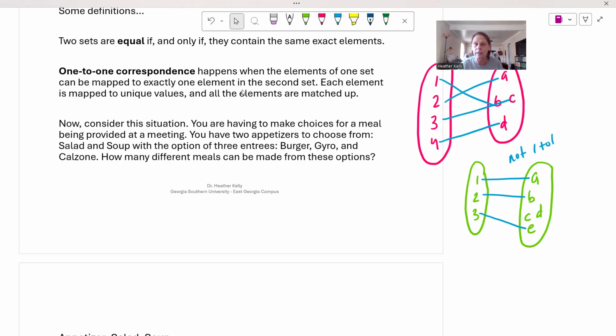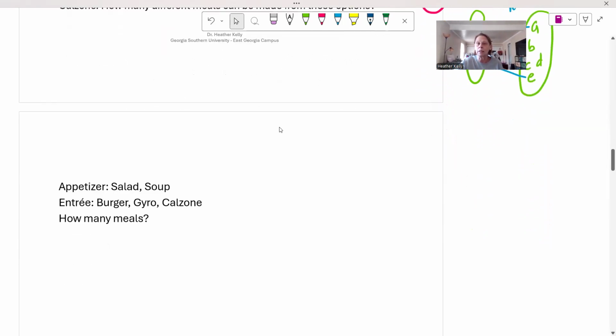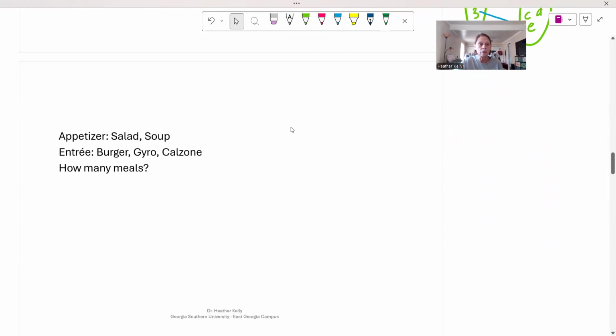Like how many unique meals would we make from that? And I'm going to use a tool called a tree diagram to demonstrate here. So here is my tree diagram.